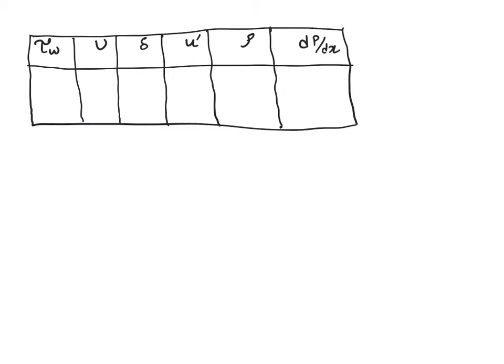This will be m L power minus 1 T power minus 2, L T power minus 1, L, again L T power minus 1, m L power minus 3, and finally m L power minus 2 T power minus 2.